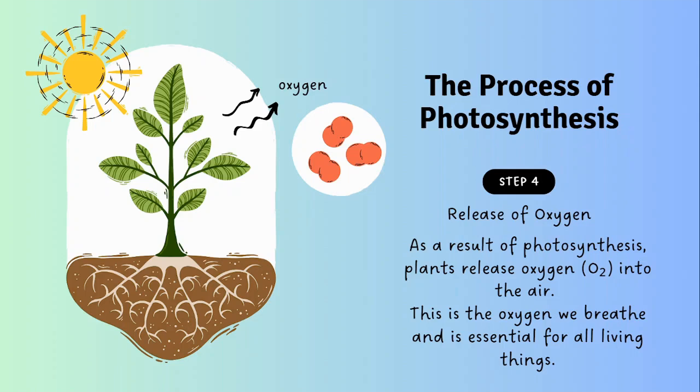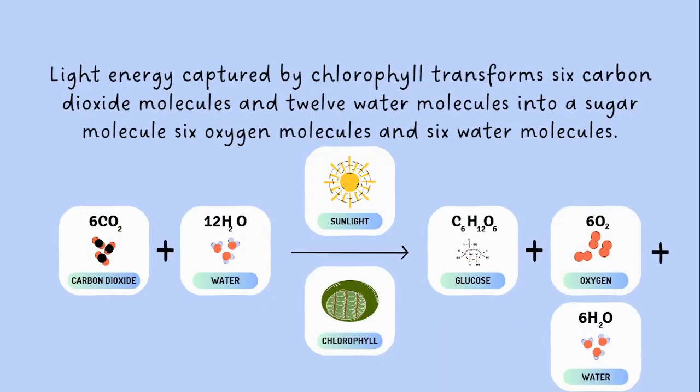Okay. So moving ahead, we have the definition of photosynthesis. Light energy captured by chlorophyll transforms 6 carbon dioxide molecules and 12 water molecules into a sugar molecule, 6 oxygen molecules and 6 water molecules.